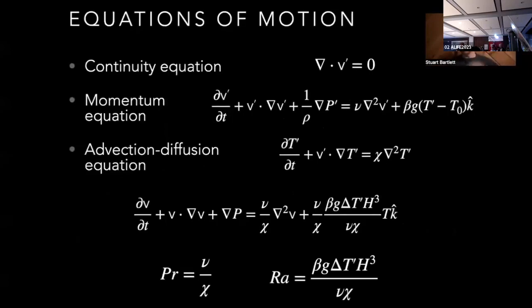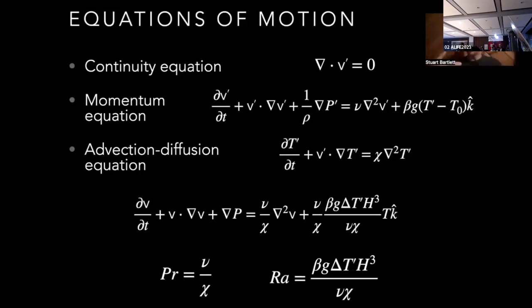For those of you who might be interested in the mathematical details, these are the equations of motion underlying our system. The continuity equation essentially says that the fluid is incompressible, so the flow lines are non-diverging overall. The momentum equation tells us how momentum is conserved.